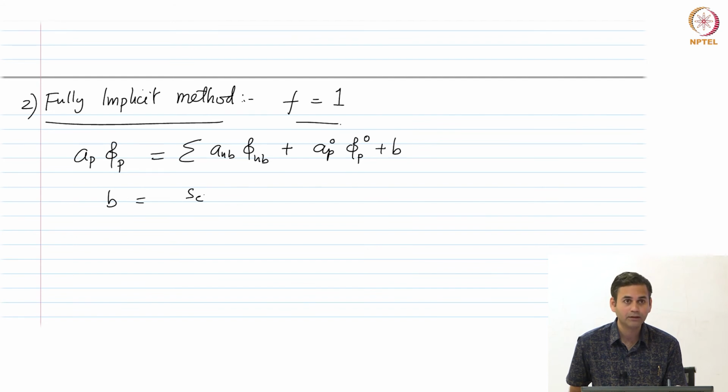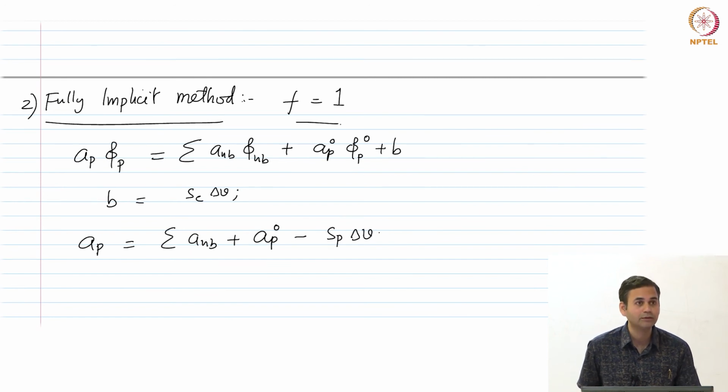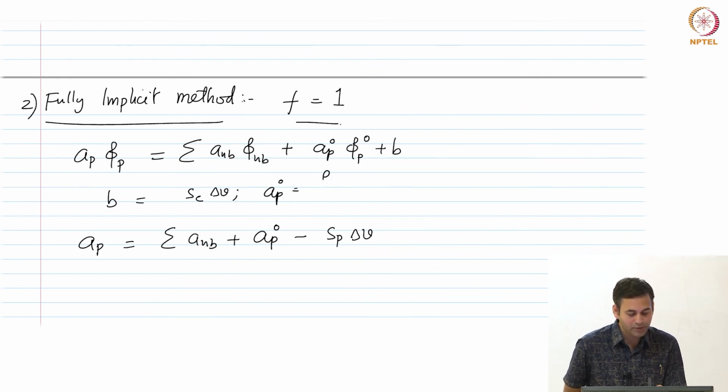SC delta V, that is all. And what about AP? Is it the same as AP naught? No, it is not. AP is sigma A and B plus AP naught minus SP delta V, is that correct? And AP naught is the same as before, rho delta V by delta T.